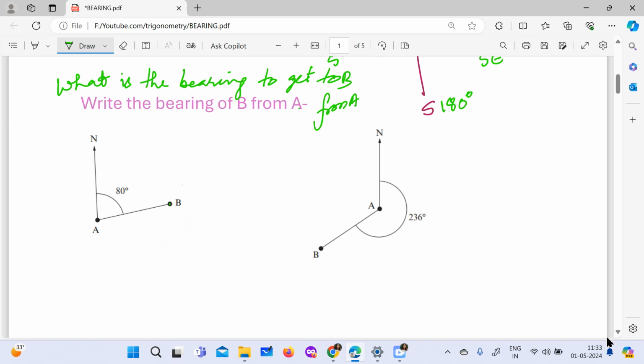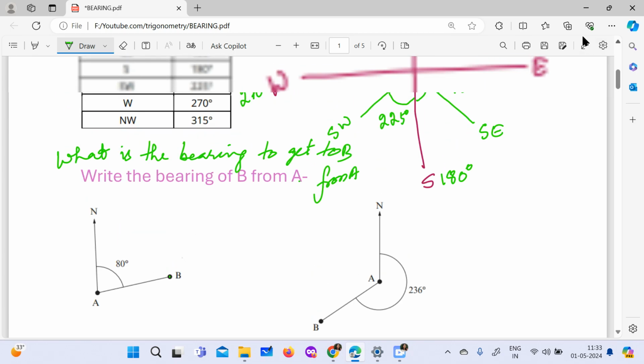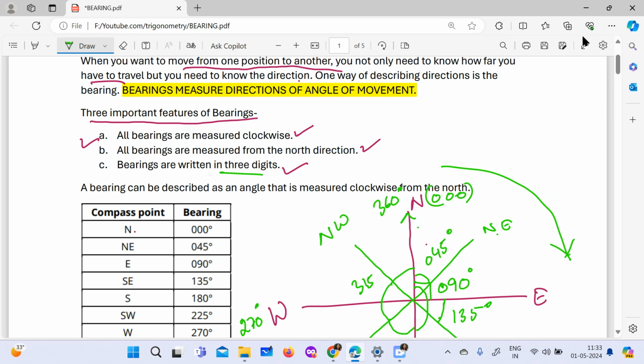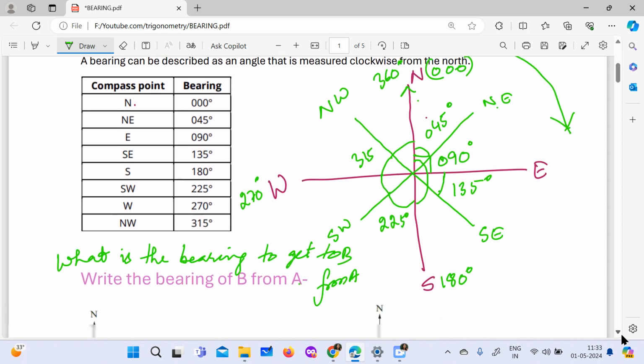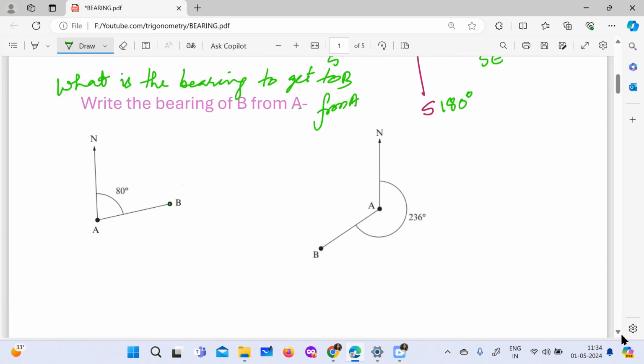Always, as we say here, there are three main properties. All bearings are measured clockwise and bearings are measured from the north direction. So bearings are measured with respect to north, and this is from A. So you can take it as a marking point, like from A. On this point A you have to draw the north.